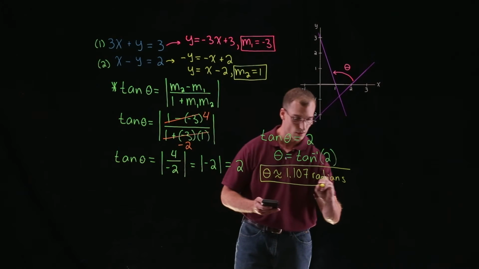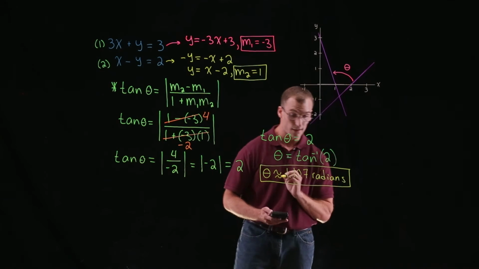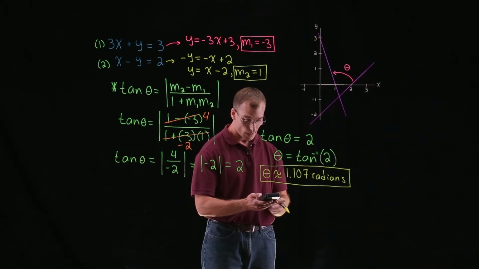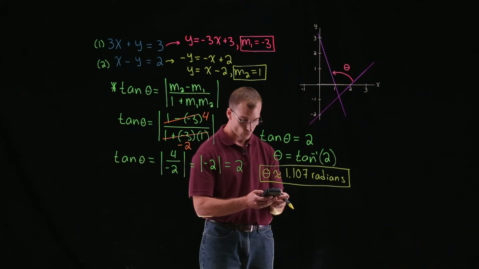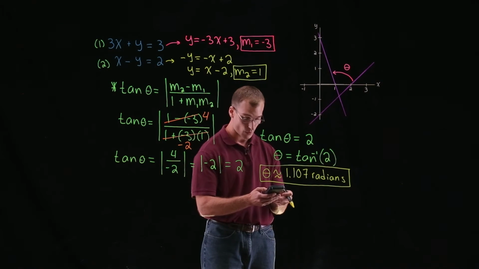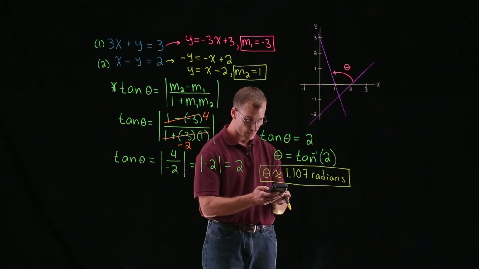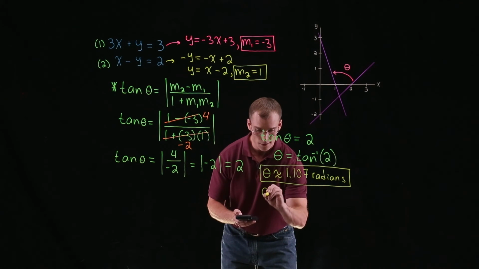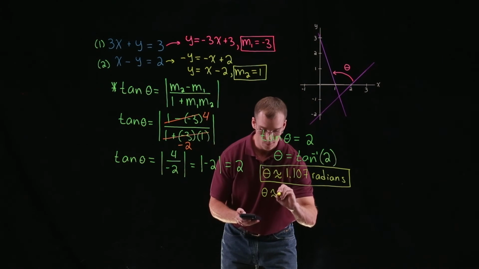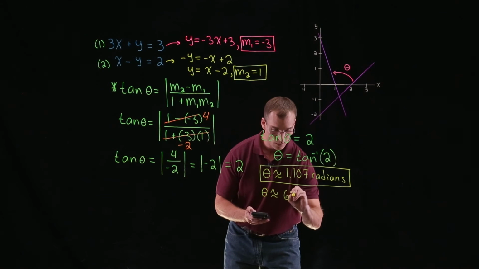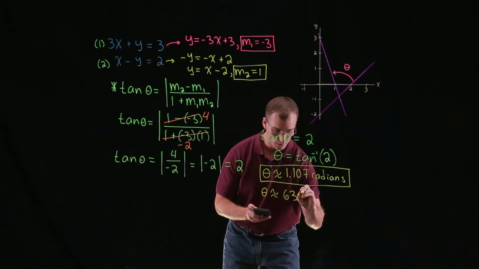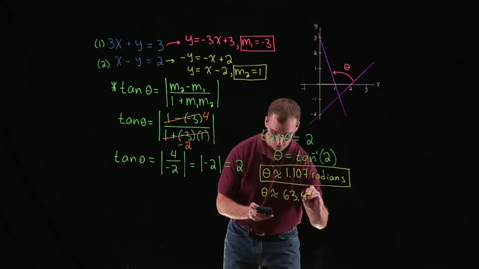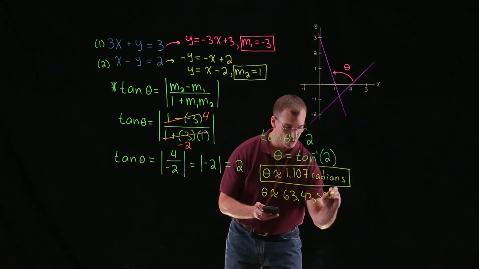All right, and lastly, we'll find it in degrees. We'll switch our mode over to degree mode, and once again, typing in tangent inverse of positive 2, we get that theta is approximately equal to 63.435 degrees.